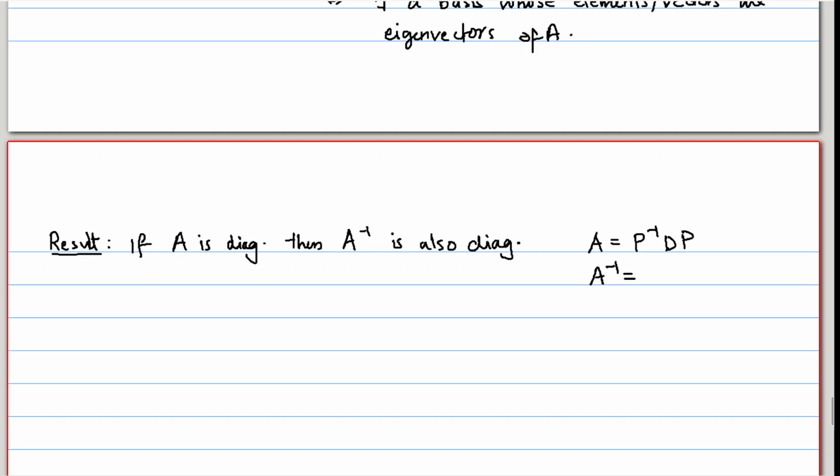A inverse would be P inverse, then D inverse, and then P. Since the inverse of D is also a diagonal matrix, in fact it is nothing but 1 by dii, the inverse can also be written as P inverse times some diagonal matrix times P.